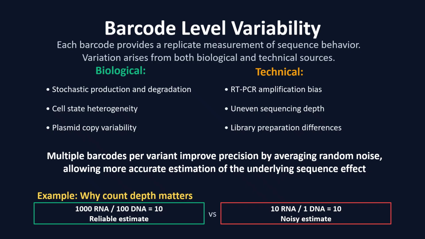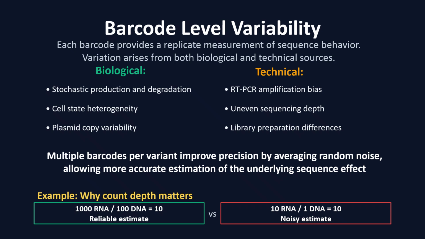Biologically, RNA molecules are produced and degraded stochastically. Cells differ in their internal state, plasmid copy number, and expression environment. Even when the sequence is identical, these factors introduce natural variation.